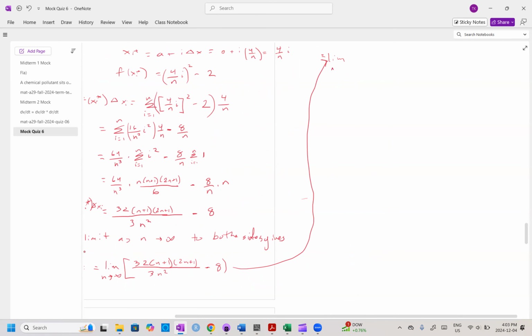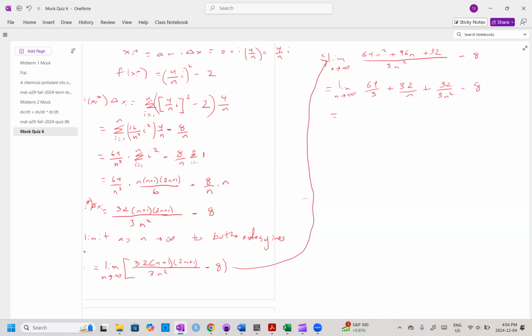This equals the limit as n goes to infinity of 64n squared plus 96n plus 32, all over 3n squared, minus 8, which equals the limit as n goes to infinity of 64 over 3 plus 32 over n plus 32 over 3n squared, minus 8.